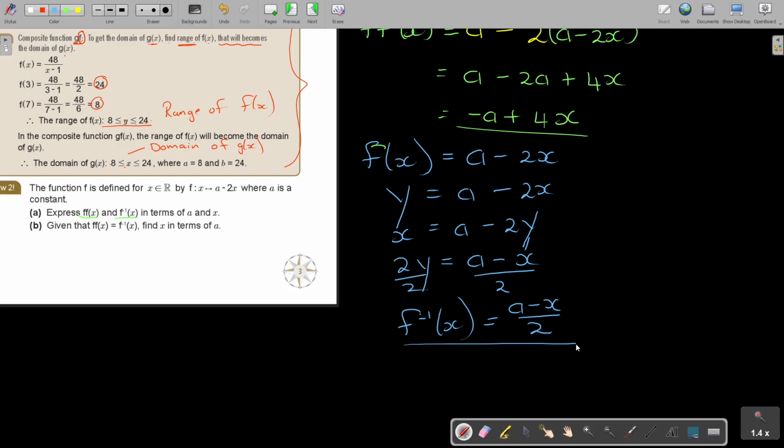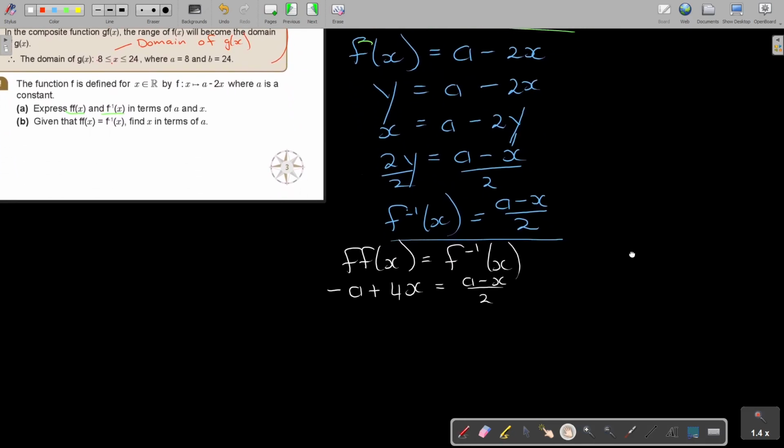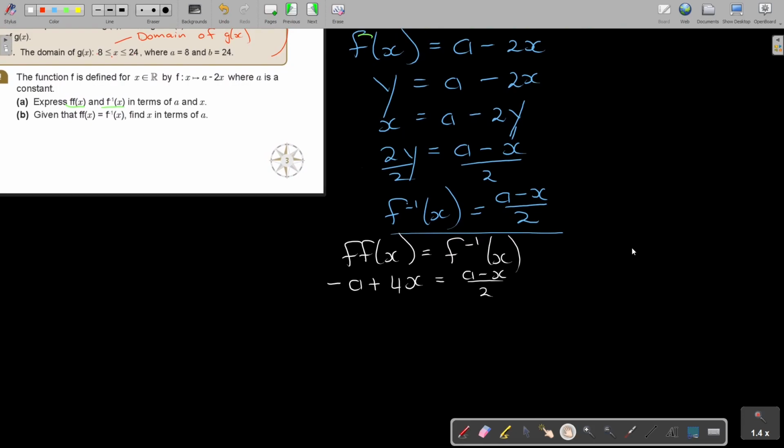Okay. So basically, I'm just going to put them equal to each other now. So I'm going to say f(x) is equal to f inverse of x. So it's negative a plus 4x equals (a minus x) over 2. Now I think the best will be to get rid of the fraction.